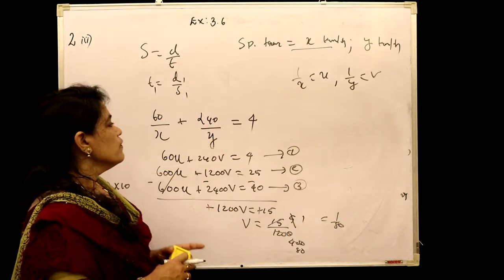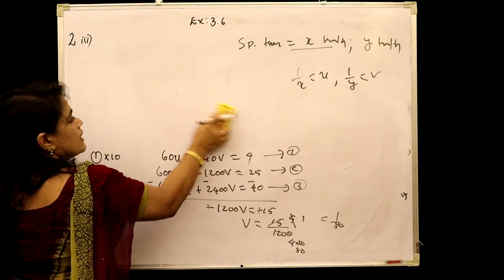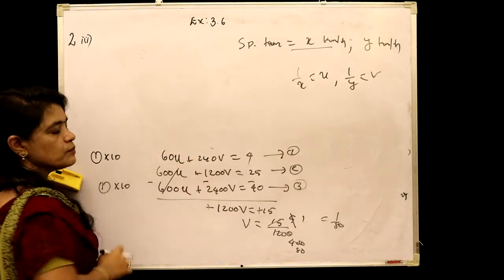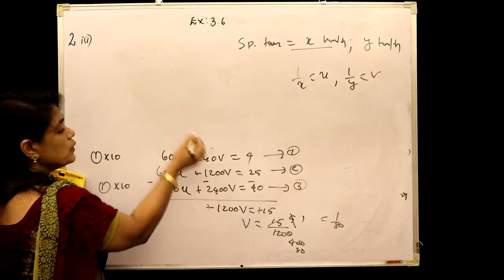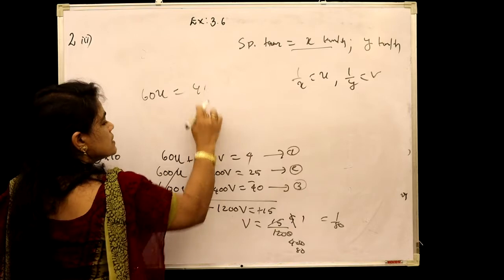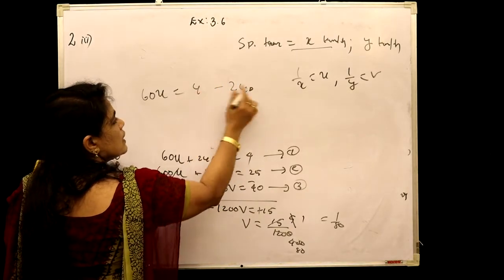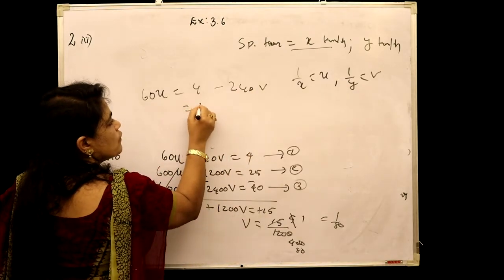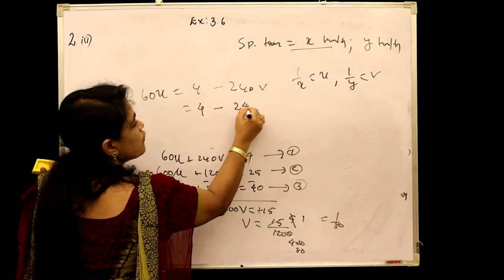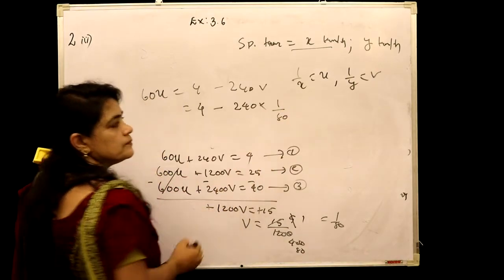The same way we can substitute for u, that is we can write the first equation with respect to u, since we need u. So 60u is equal to 4 minus 240v, that is 4 minus 240 into 1 by 80.